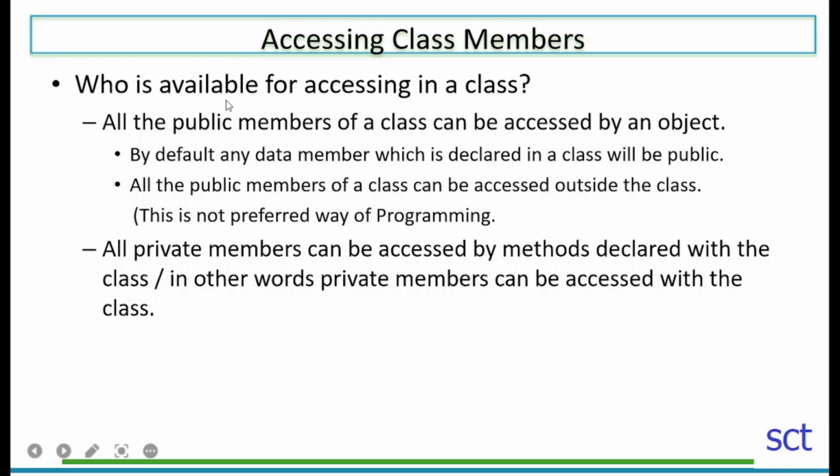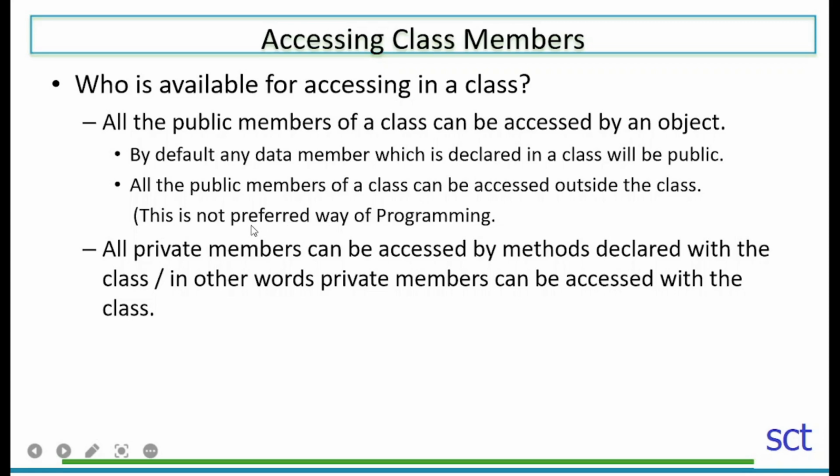Who is available for accessing the class? All the public members of a class can be accessed by an object. By default, any data member which is declared in the class is public. Any public members in the class can be accessed outside the class. But this is not the preferred way of programming.